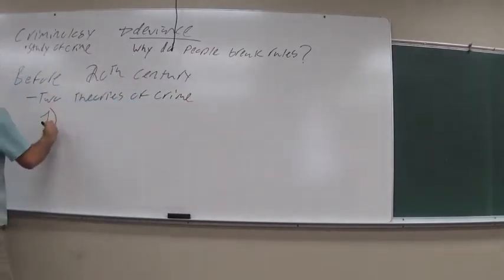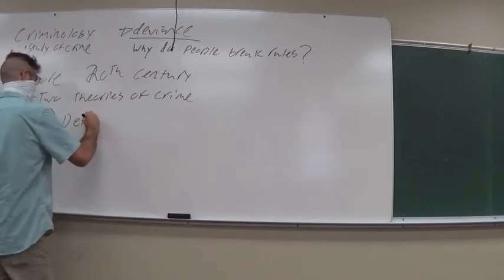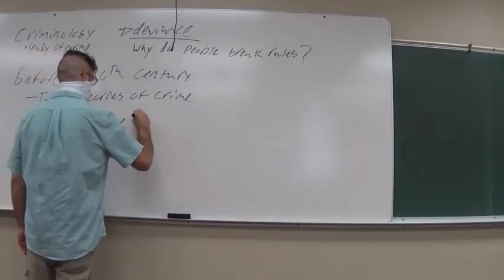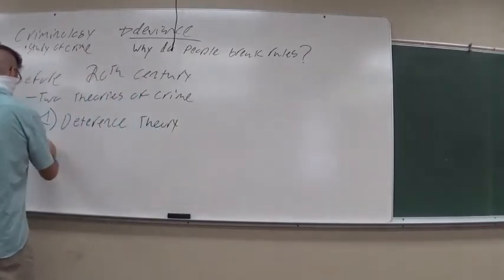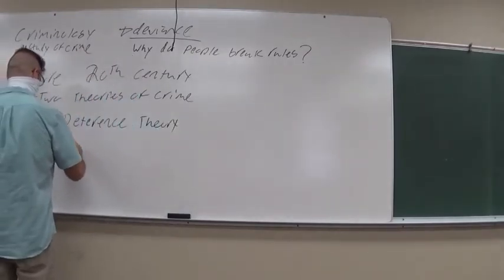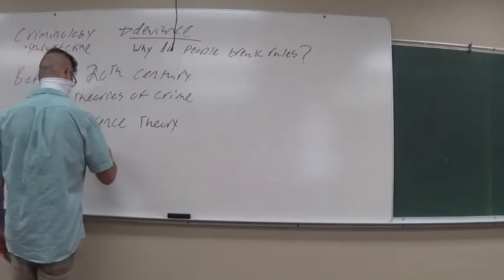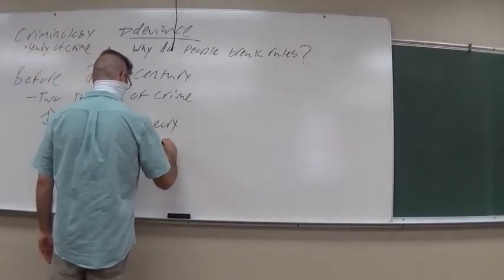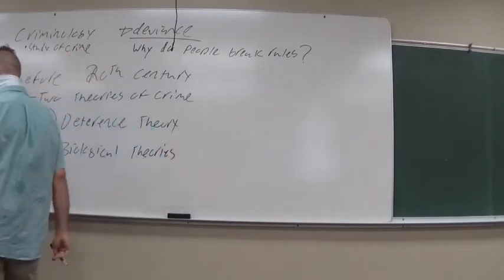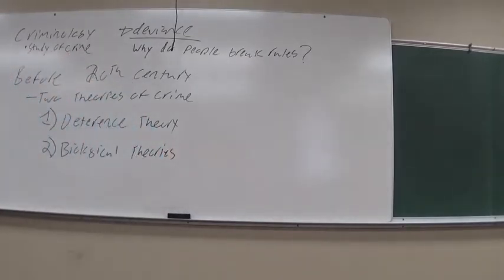One is what's called the deterrence theory. And the other are biological theories of crime. Both of which are not commonly used in criminology today.